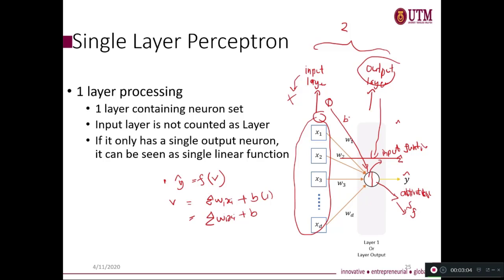Once you set it to 0, this term does not exist anymore, so you can simplify your equation: V is equal to the summation of your wi xi. So it depends. Sometimes they give you the b, because this b value normally influences how tolerant your classification is.